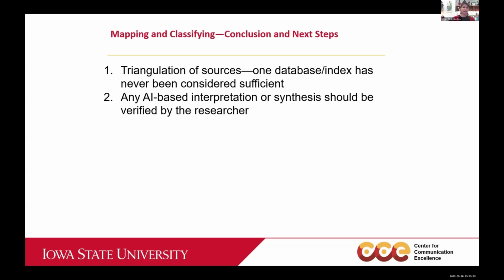One database or index has never been considered sufficient for a literature review, and that continues now. It doesn't change just because there's AI in the loop. You would always have needed to look at more than one database or index, and you still do. So just because you've done this step in Elicit, that doesn't mean that you're done searching the literature review.